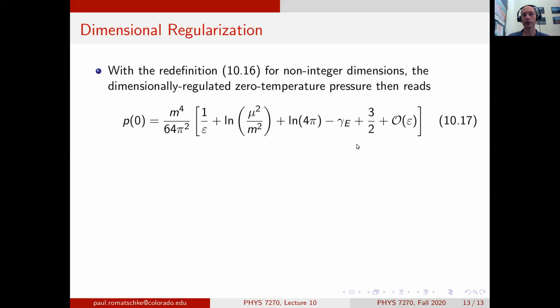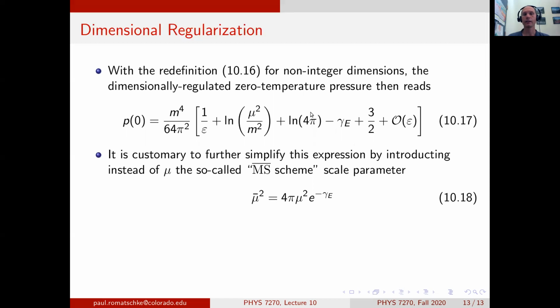This expression is perfectly fine, but it has been found useful to modify the scheme a little bit further by lumping together the factors 4 pi and this Euler gamma constant, and defining a modified scale parameter mu bar, where mu bar squared is given by mu squared times 4 pi e to the minus gamma.